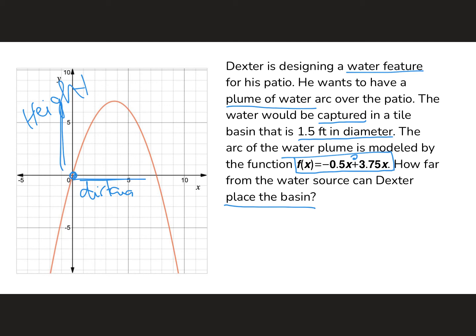There's 2 zeros. This is not the 0, 1. That's the distance. That's the starting point for our function. We're going to look at right here. So right there, you can see that we are at about, let's see, that's 5, 6, 7, about 7.5. So it would be 7.5 feet. Because you want the water to be back down at the bottom of the basin. We catch it right there. Not too hard when you're using these graphs.